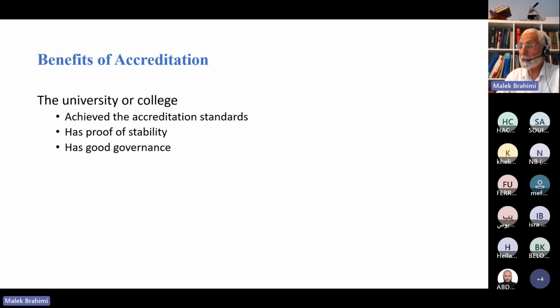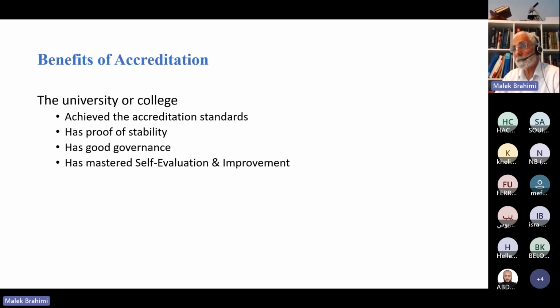All of this is included in governance, or continuous improvement. Governance is a long and broad subject. It also means it has mastered self-evaluation and improvement. Any university which is accredited goes through these two things: self-evaluation and improvement.